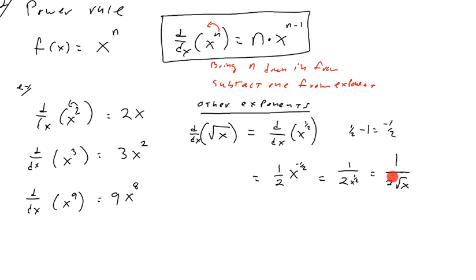And this is why. Because of our power rule, we take the 1/2 power, bring it to the front, take the 1/2 exponent, subtract 1, and get negative 1/2. A negative exponent belongs on the bottom of a fraction, and the 1/2 exponent becomes a square root. So this power rule works for any exponent at all.